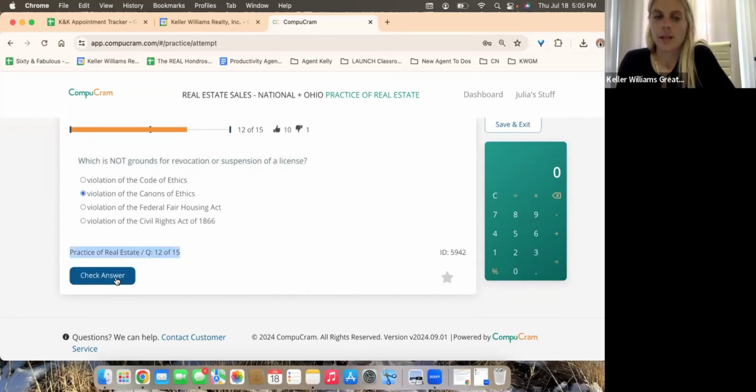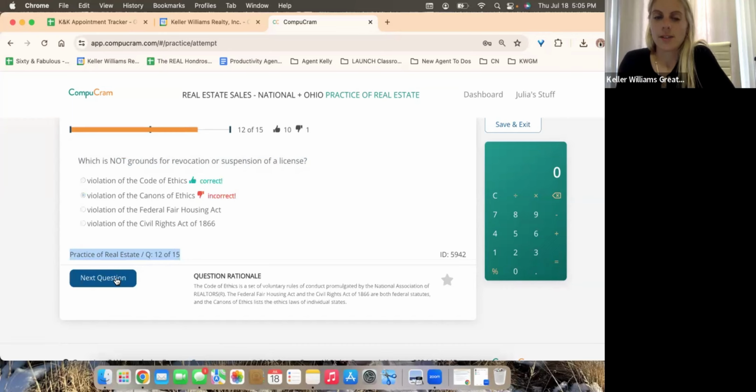All right, we say B. You were close, but it was going to be code of ethics, not canons of ethics. So the code of ethics is a set of voluntary rules of conduct promulgated by the National Association of Realtors. That's confusing.